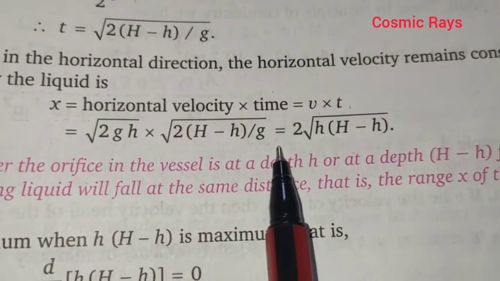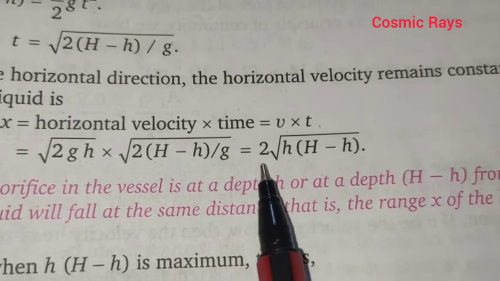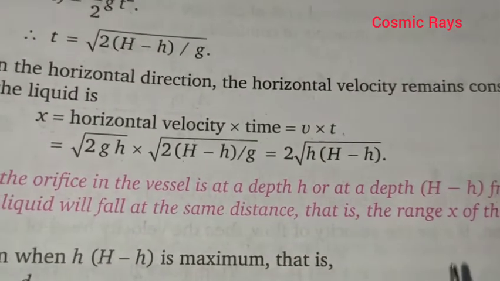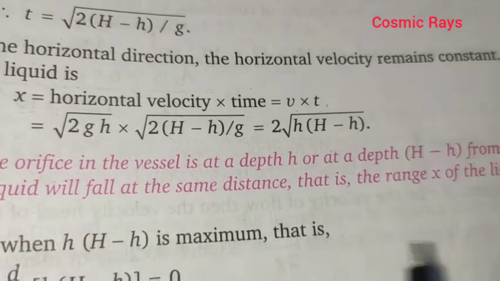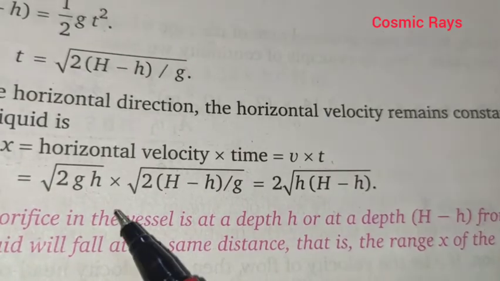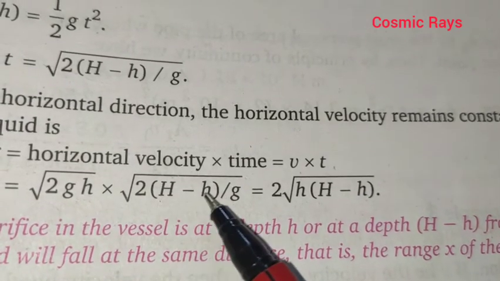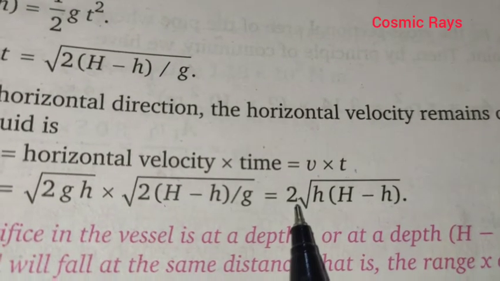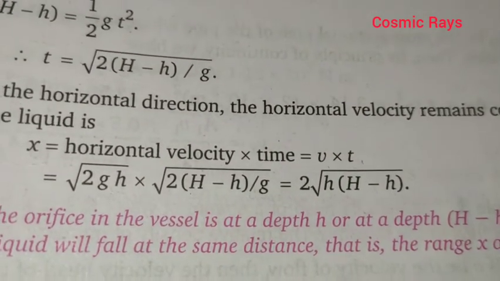So when we multiply it, we find it to be equal to 2 root over h into H minus h. Now this g and g cancel out, and we have only 2h into H minus h, and since we have two 2's, one 2 comes out of the square root.